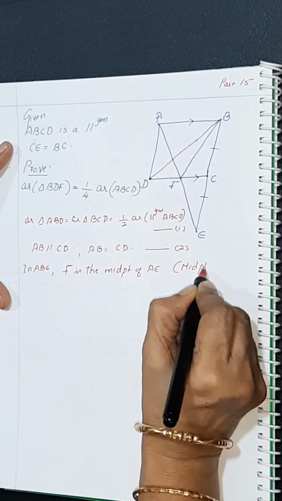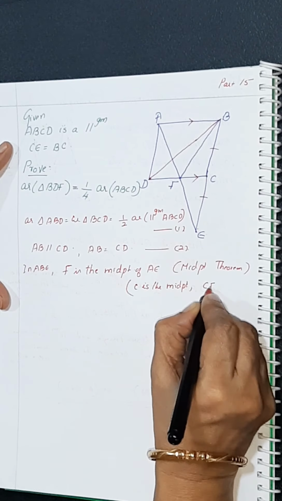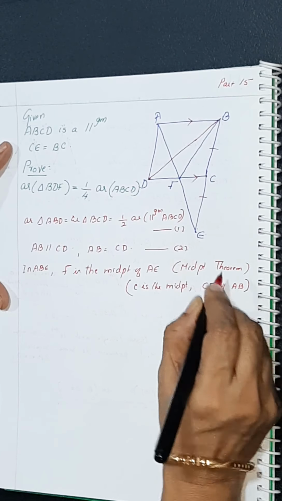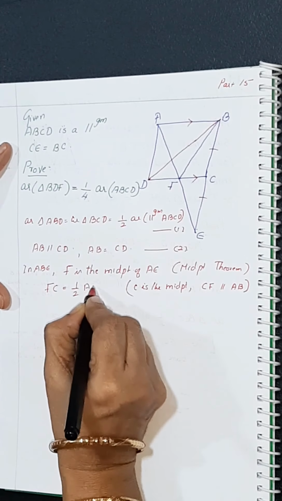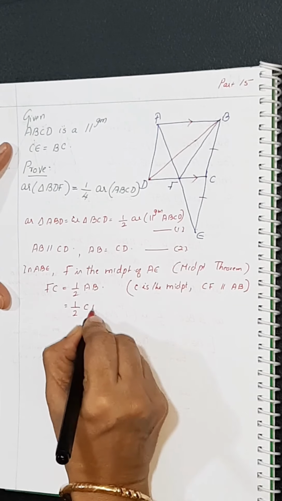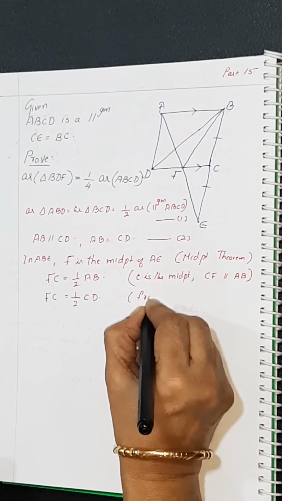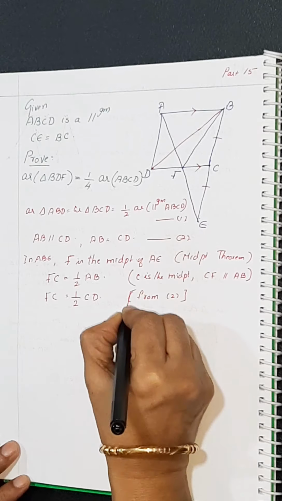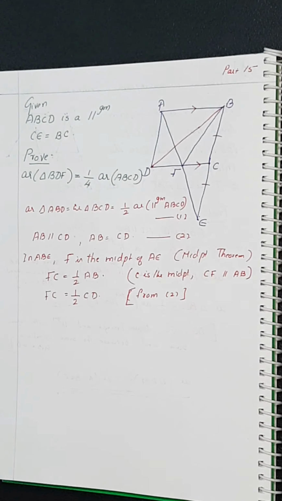Midpoint theorem. Also FC is equal to half of AB, which can be written as half of CD from 2.